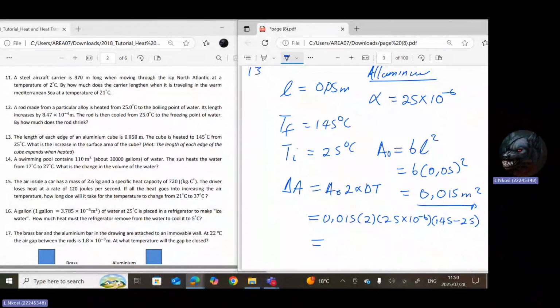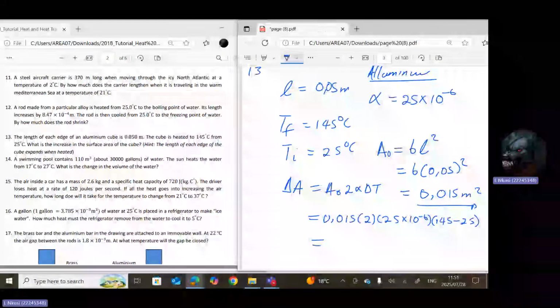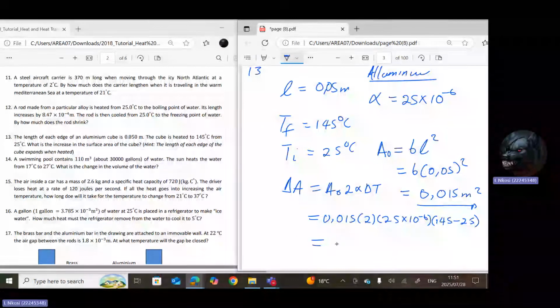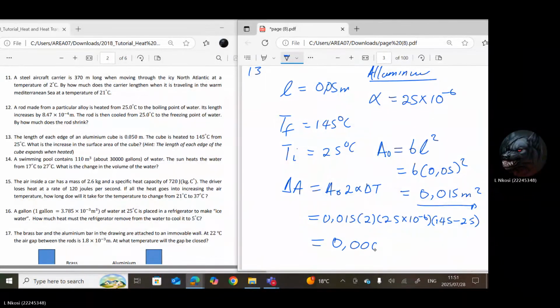So when you punch in a calculator, that gives 0.000009 meters squared, which would be 9 times 10 to the minus 6.